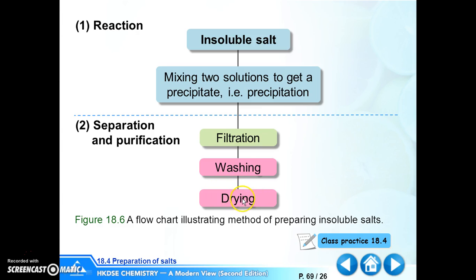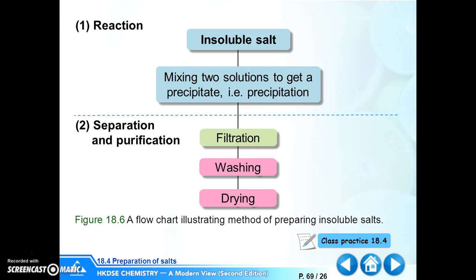The drying step can be done by three common methods. First, using filter paper, just like when we use tissue to clean the wet table. Or we can put the product into an oven, using high temperature to remove the water molecules.